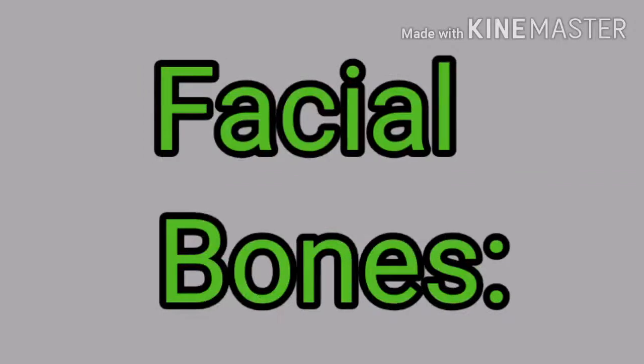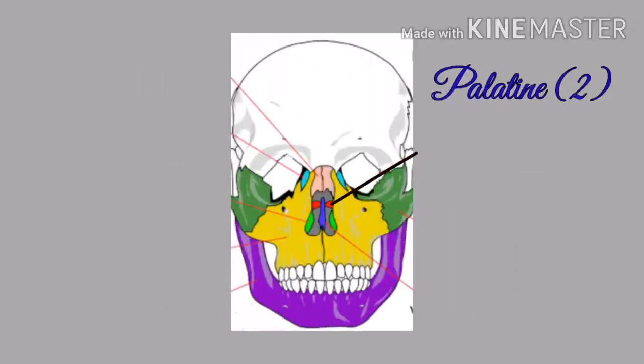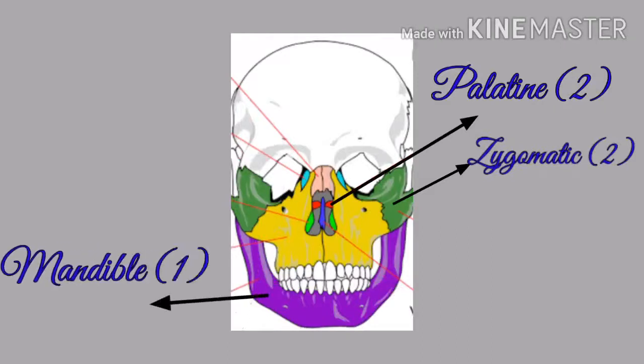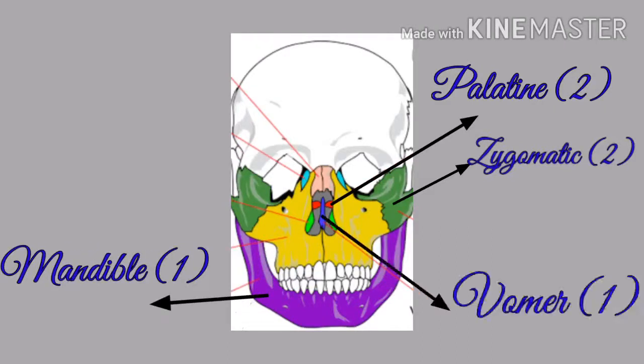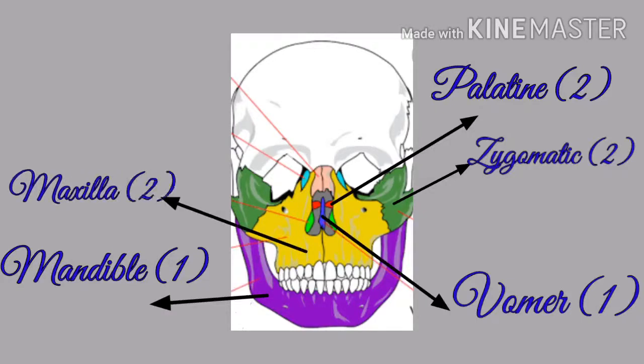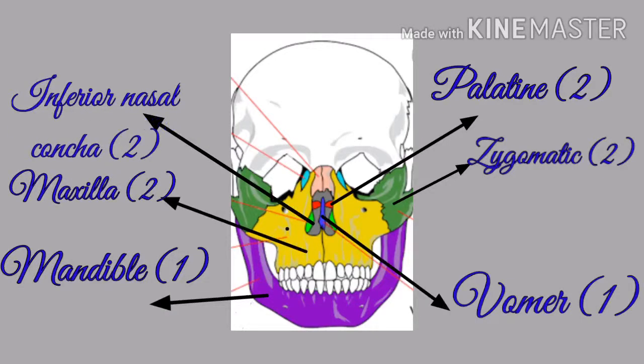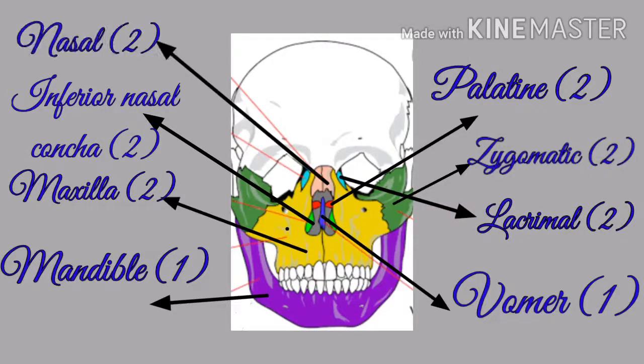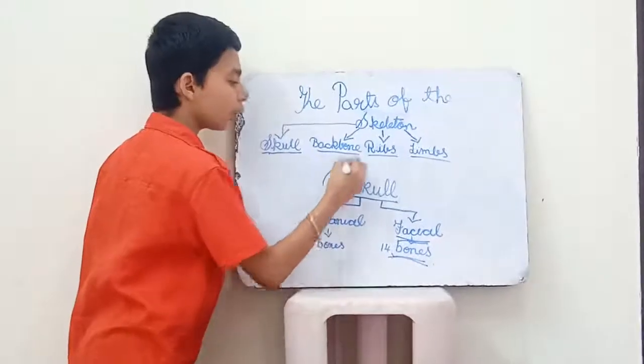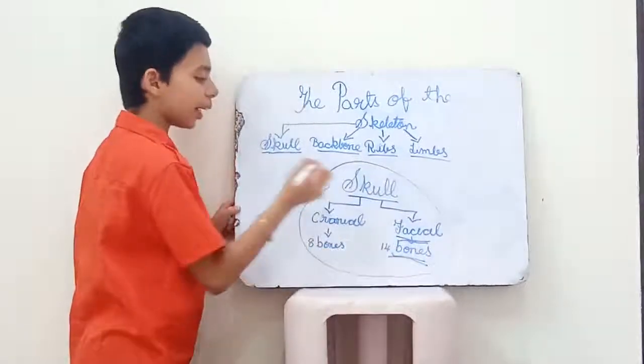Facial bones: 2 palatine bones, 2 zygomatic bones, 1 mandible bone, 1 vomer bone, 2 maxilla bones, 2 inferior nasal concha bones, 2 lacrimal bones, 2 nasal bones. Together 8 plus 14.